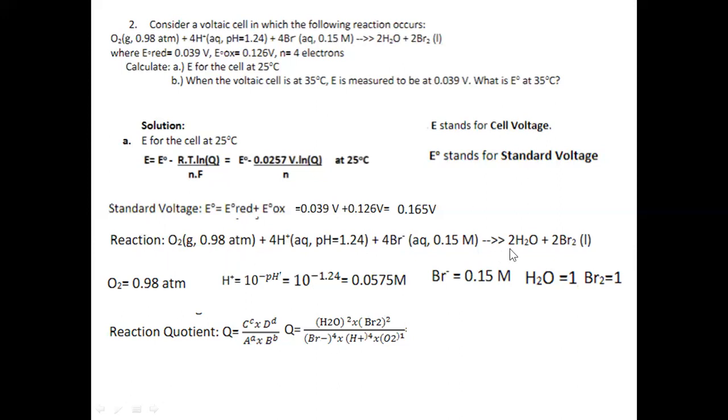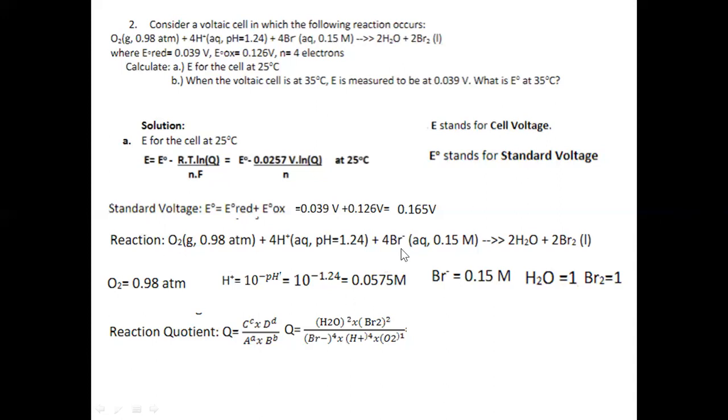For water, since we have the balanced coefficient as 2, H2O is raised to 2, or squared. Our bromine, with a balanced coefficient of 2, Br2 is raised to 2, or squared, all over the product of the reactants: oxygen, hydrogen ion, and bromine ion.